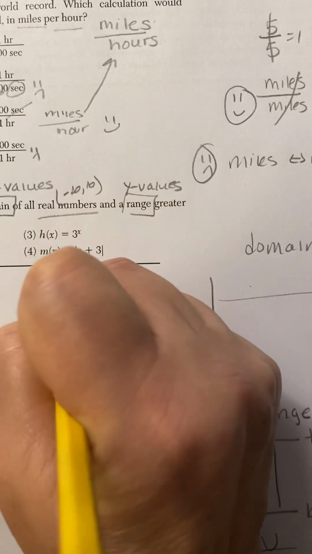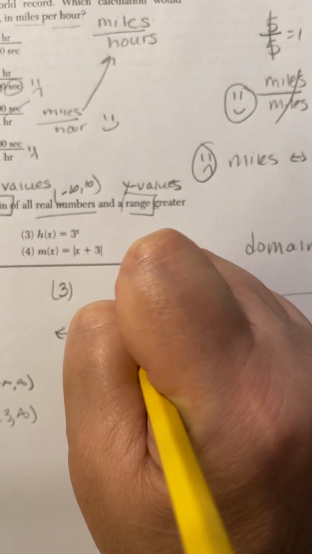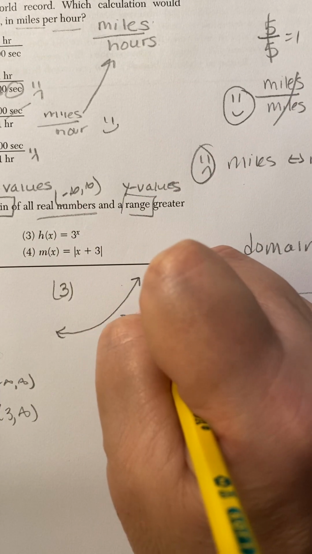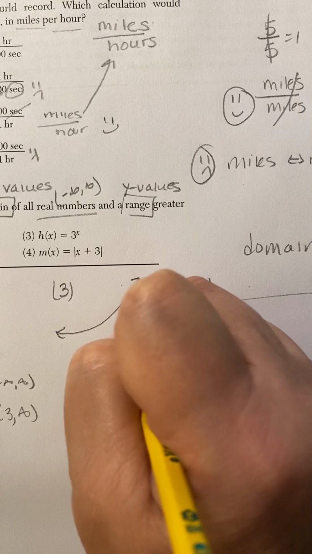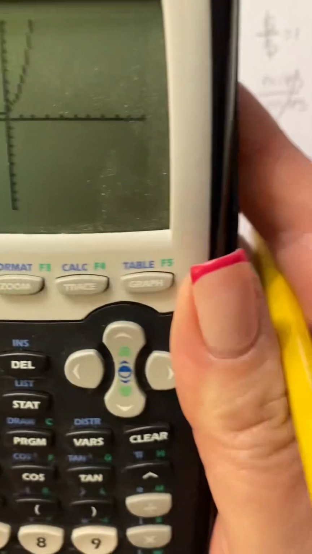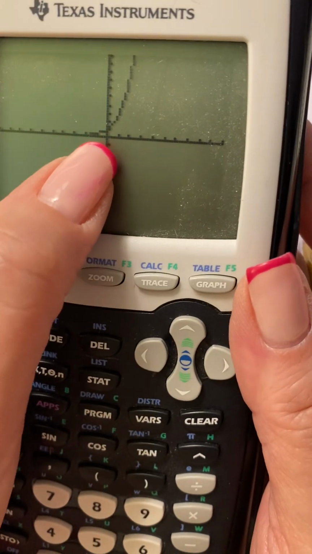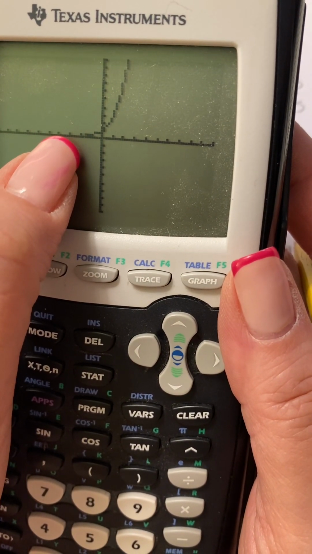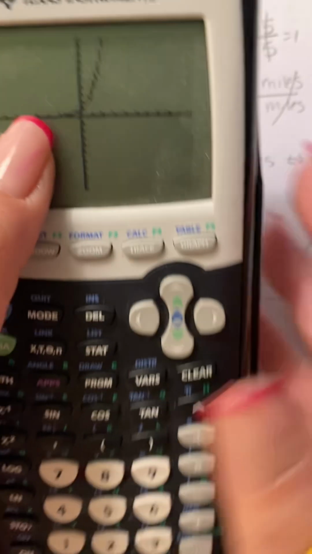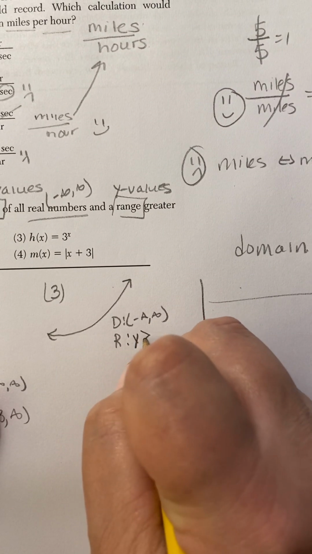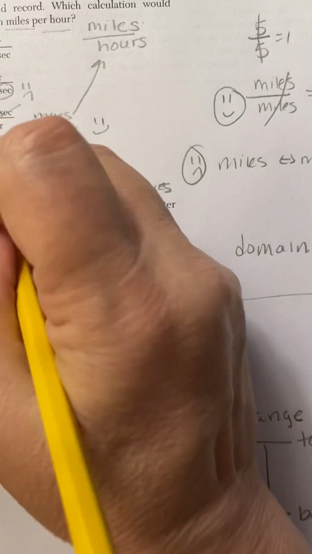Again, your domain is going from negative infinity to positive infinity, because it keeps on going and there is no bottom, and at the bottom, your range is not going to negative infinity. Look what it's doing. It's going to go along and not cross 0. So it's going greater than 0, not equal to 0. So your range, your y values, are greater than 0. So it's still not this one.